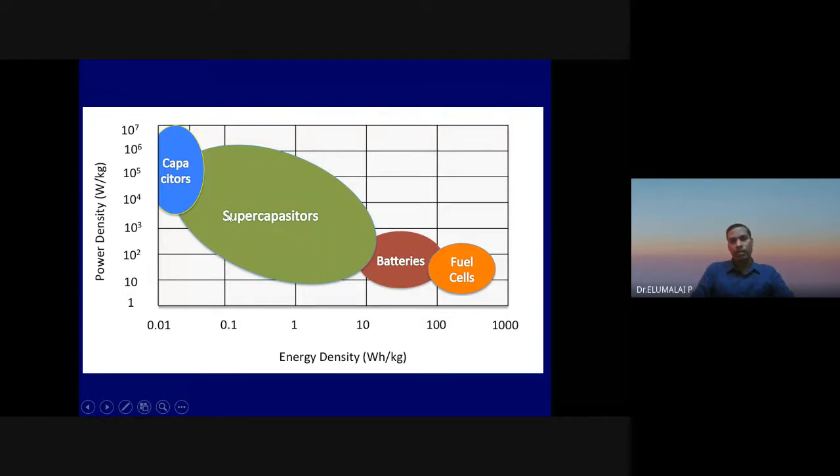Among these, capacitors give very high power density, supercapacitors moderate, batteries very low, and fuel cells very low power densities. That is one of the reasons why fuel cells do not become so popular compared to batteries. At least batteries could give some power.